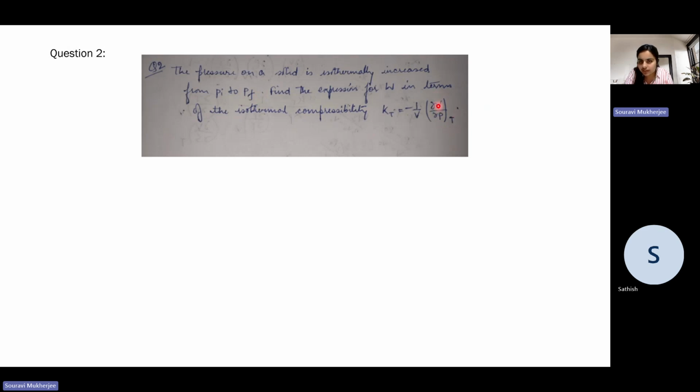So you can see you have a del V del P at constant temperature here. So what if you write an expression for del V and multiply with pressure? That would give you an expression for the work done in terms of the compressibility, the volume or the pressure, right? And then you can integrate, from Pi to Pf. That's the basic process, right?